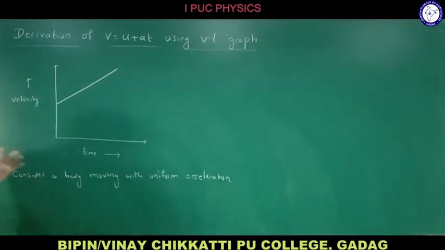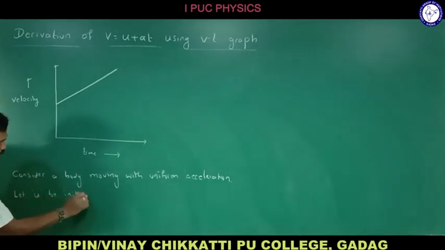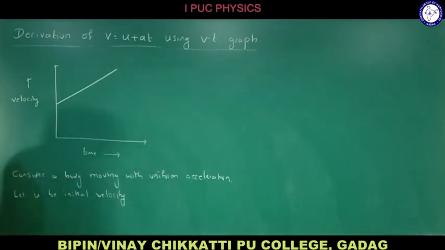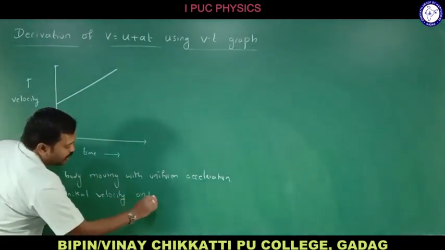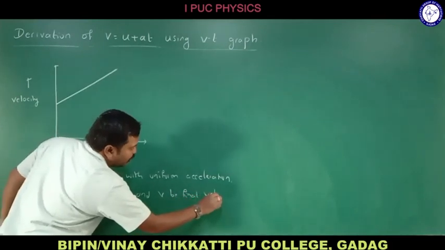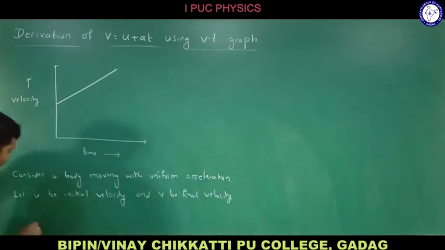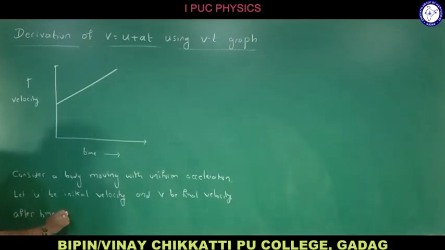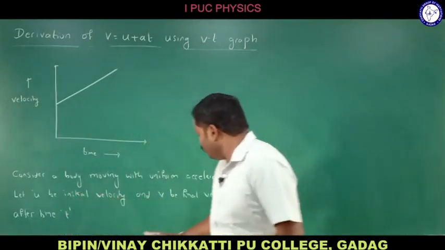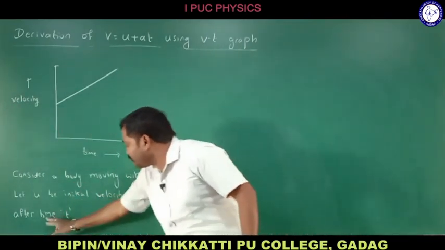Let u be the initial velocity and v be the final velocity after time t.